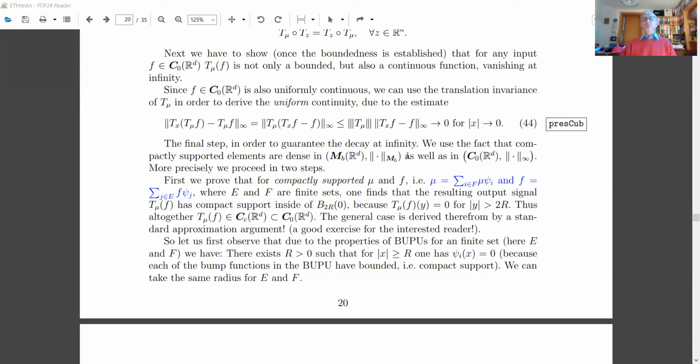And then there's an important argument, and I hope I have done it. If you have compactly supported measures mu and compactly supported functions f, we will describe this in more detail later on, but you can think that everything is concentrated in a bounded set. So for example, mu is a linear combination of Dirac measures, and finite Dirac measures are living in some ball of radius r.